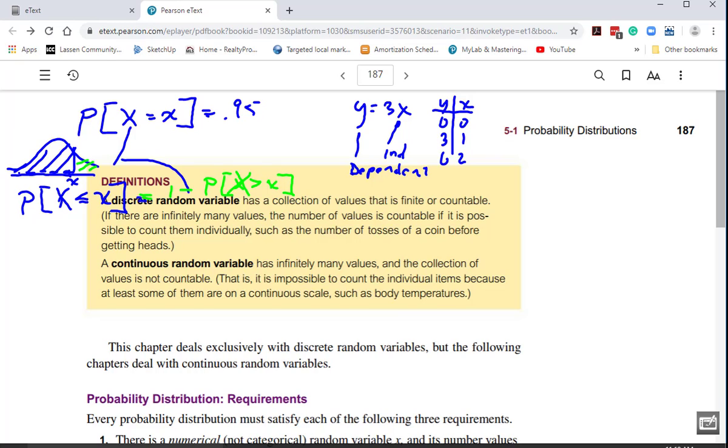You remember when we did it with events, that the probability of A not occurring is equal to 1 minus the probability of A occurring. Any algebraic manipulation of that, if you bring this over, says that the probability of A plus the probability of A not is 1.